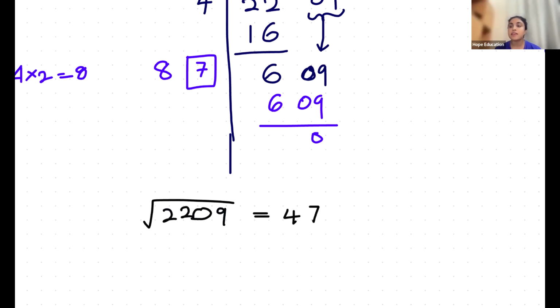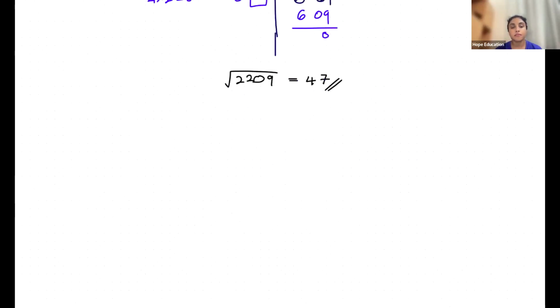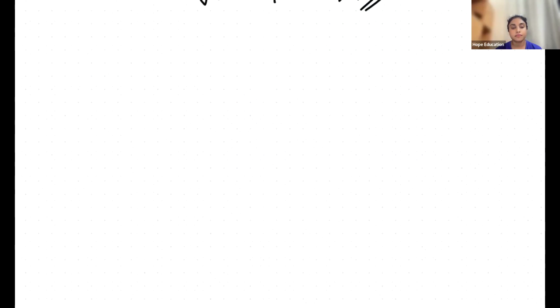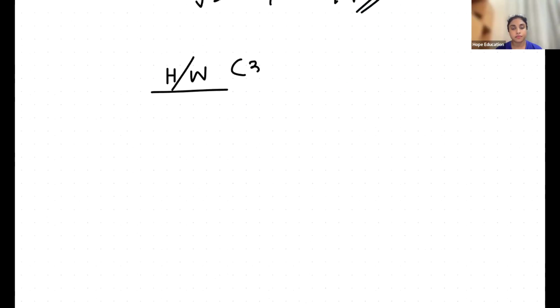Is this clear? Please give me a thumbs up. Okay. Homework, let's see. Today is 31st, no? 31st December homework is in exercise 2.2.